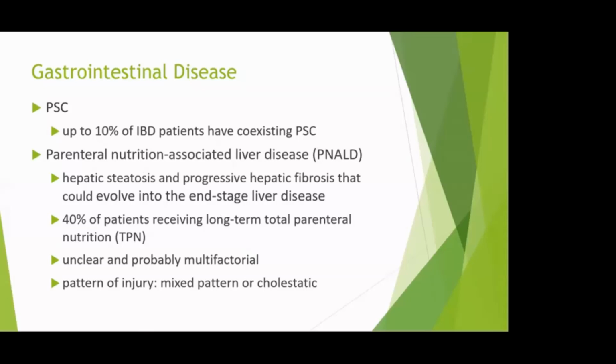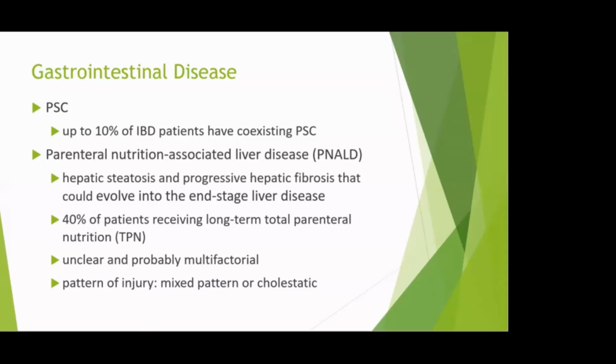One also has to consider that patients who have IBD may have concurrent PSC, and that would make your liver tests abnormal. Prior studies have shown that up to 10% of IBD patients have coexisting PSC.